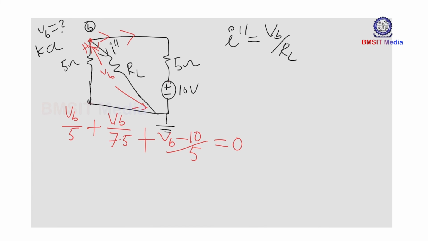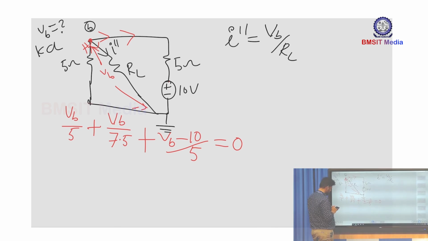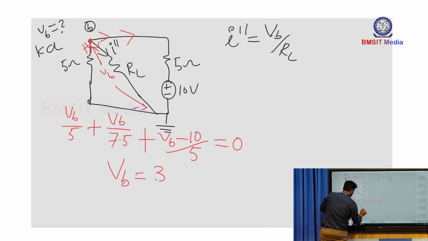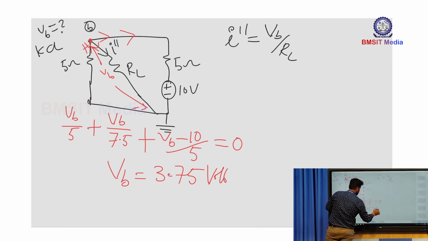Now simplify this equation to find the unknown value VB. 5 inverse into VB plus 7.5 inverse into VB plus 5 inverse into VB minus 10. If you simplify this, the value of VB is 3.75 volts.